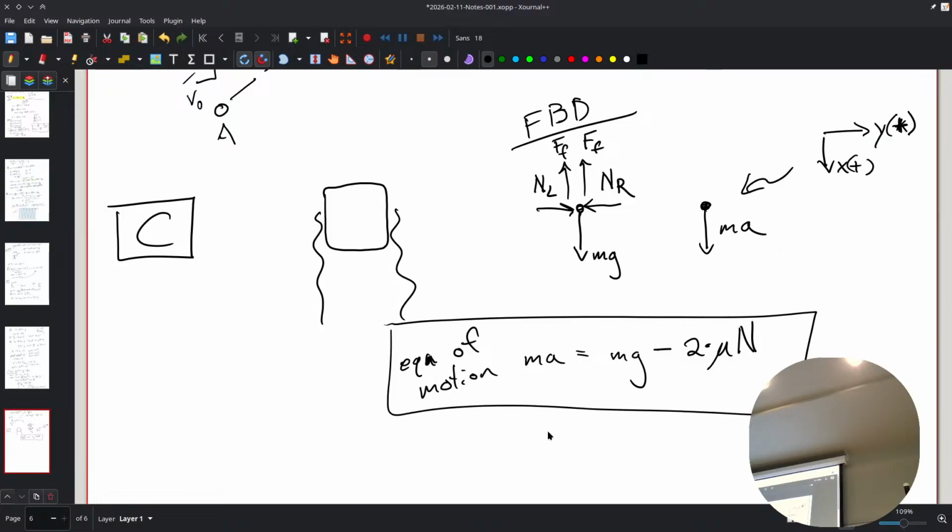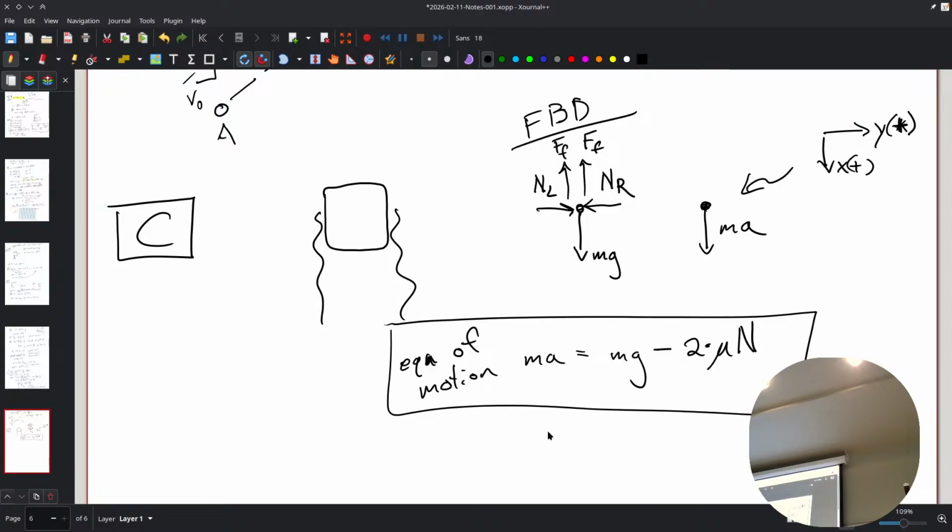Yeah, acceleration is gravity, right? If there's no normal force, it's falling. What do you think? What do we know about acceleration from this equation of motion?